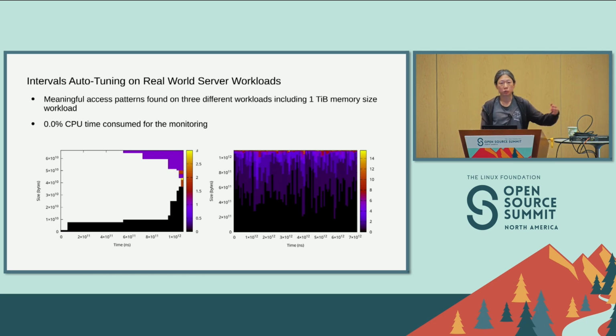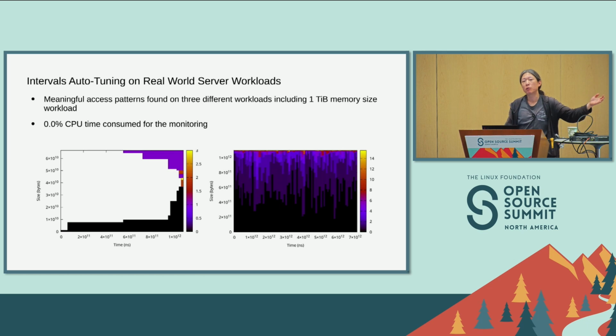As we initially said, the monitoring overhead of DAMON is not really ruled by memory size. It can scale regardless of the memory size, at least up to 1 terabyte, because that is the biggest machine that I have tested so far. Also, the auto-tuning of the intervals is not only for accuracy, but also for overhead, because the sampling intervals also increase together, and DAMON does nothing between sampling intervals.